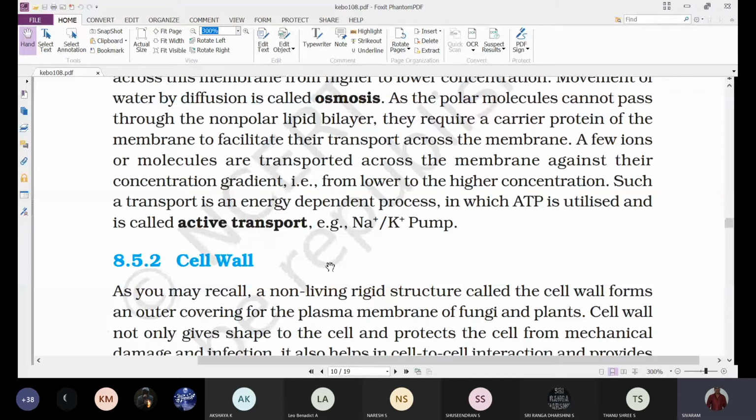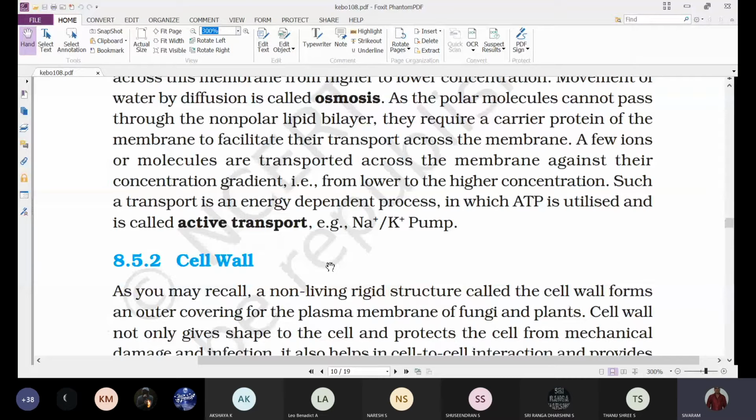That is uphill transport. Active transport, we can also call it uphill transport, because we have to spend energy for doing that work, that is, from lower concentration to higher concentration. In the same manner, in passive transport there is no spending of energy. For example, I have given a bucket of water and I asked you to come down the hill. At that time, no need of spending that much energy.